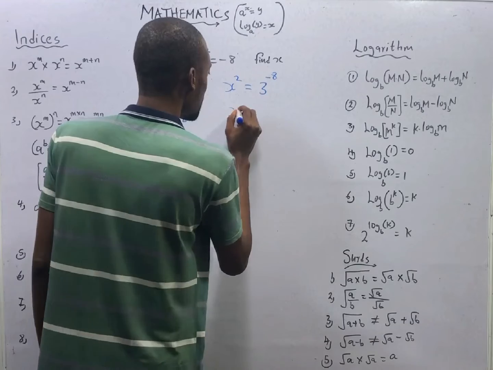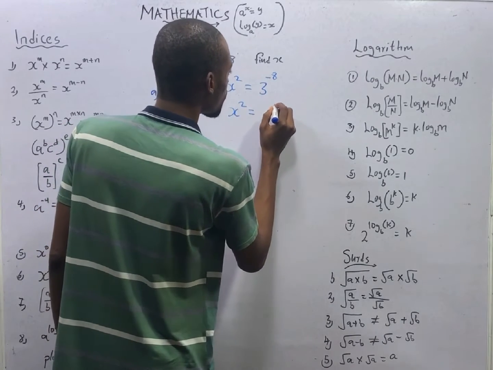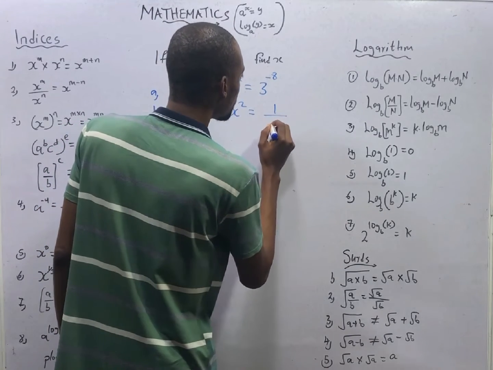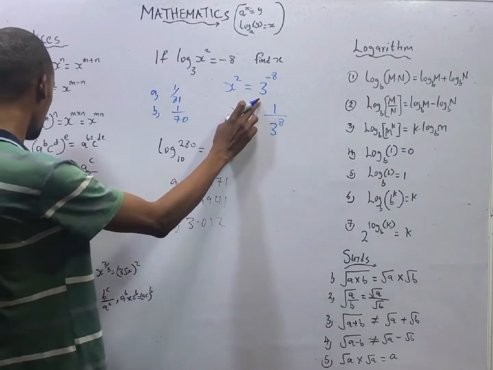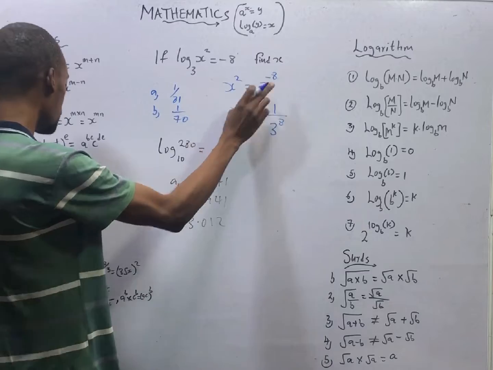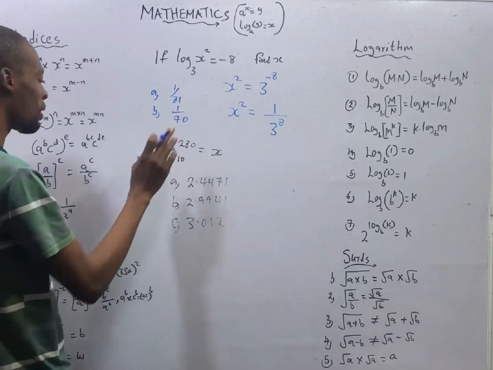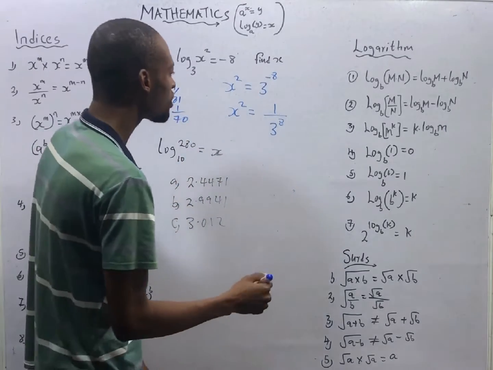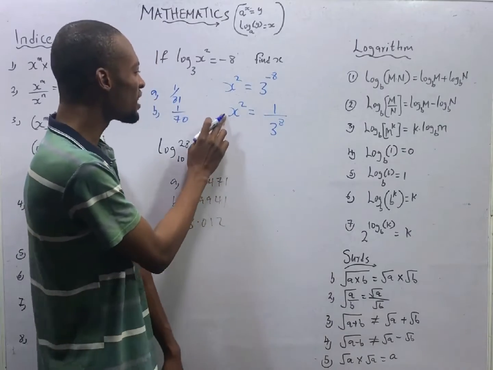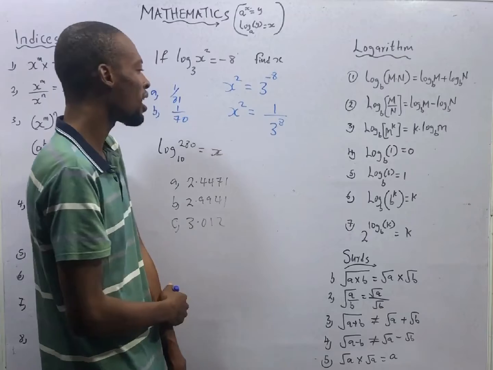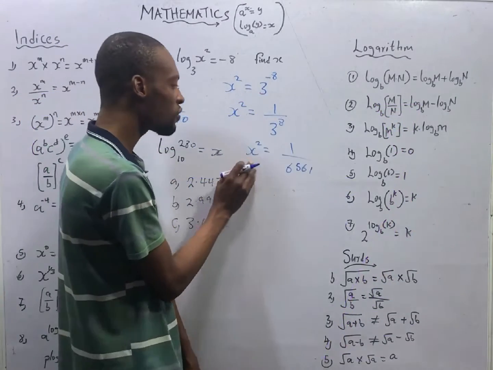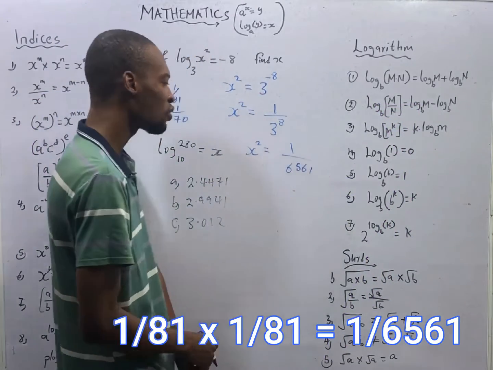This is the same thing as s squared is equals 1 over 3 raised to the power of 8, where a is 3, minus 4 is minus 8. So this means any value you get here, when you square it, it should give you 1 over 3 raised to the power of 8. So this means s squared is equals 1 over 6561.